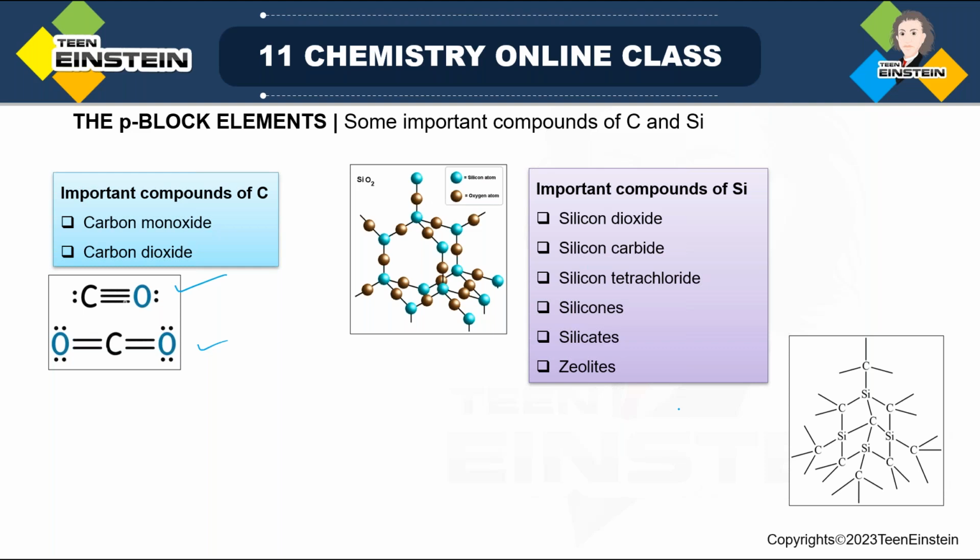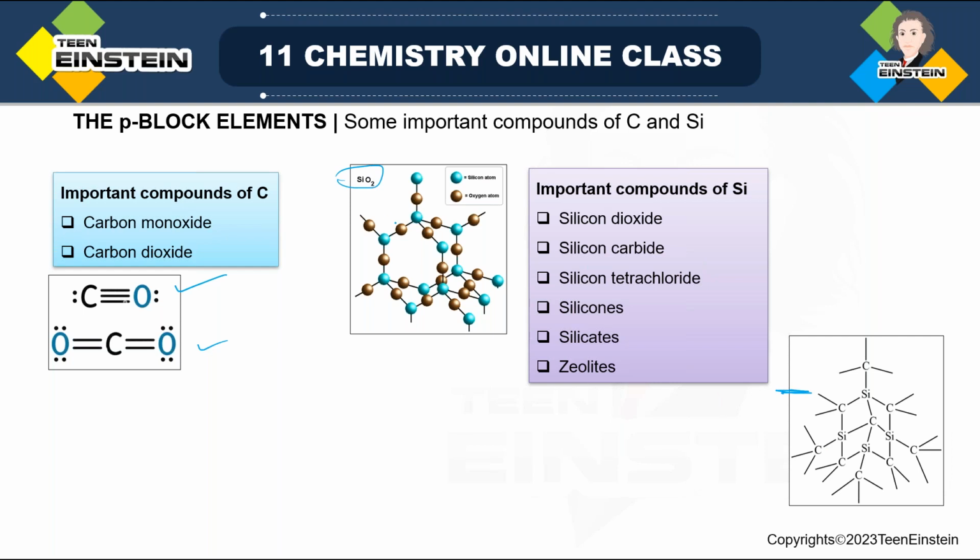Then we'll start the silicon compounds, but here you can have some primary idea about their structure. All these structures are not so simple, very large network type structures you can see. Silicon dioxide is the first one, and silicon carbide is the second one.